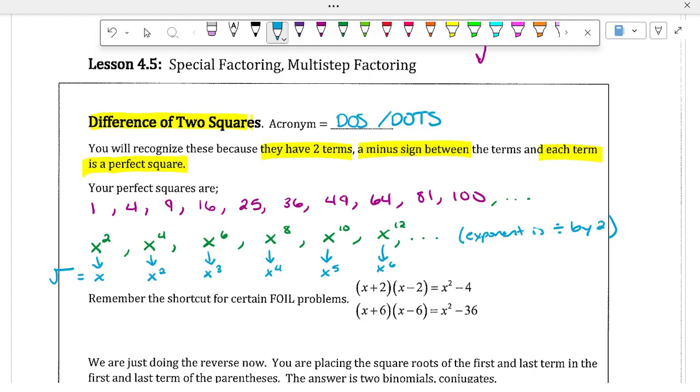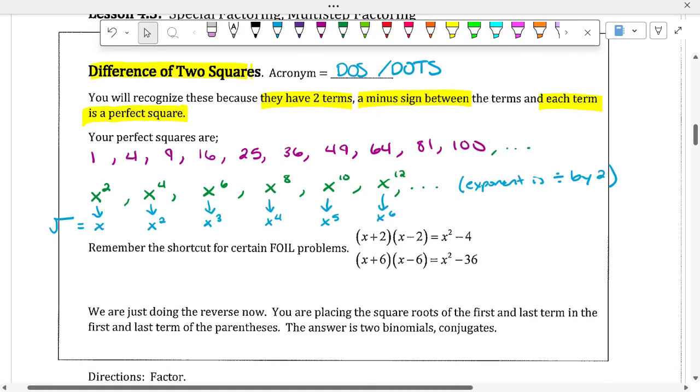All you do is take whatever the exponent is and divide it by 2. So if you have an even exponent, it's automatically a perfect square. The numbers you just have to remember.